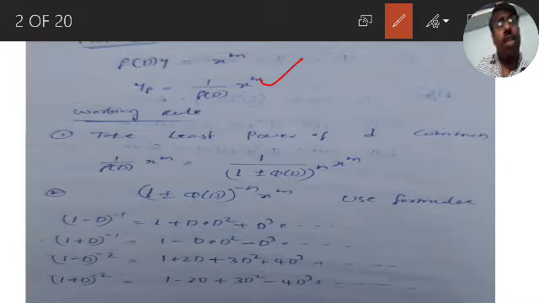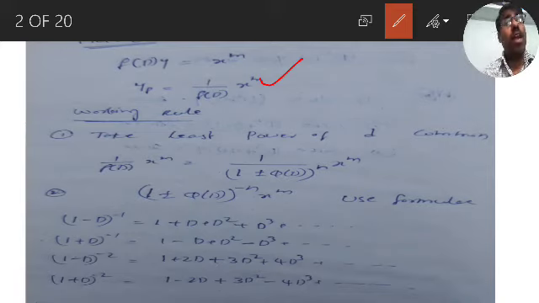If you do that, the denominator becomes 1 plus something or 1 minus something. So that is our target: to make the denominator in the form of 1 plus or 1 minus something. That is the first step in our working rule.